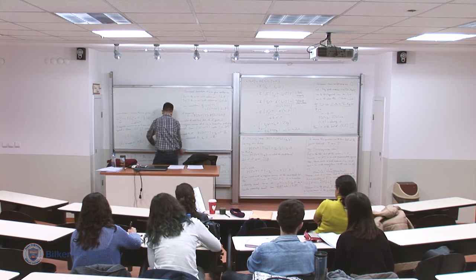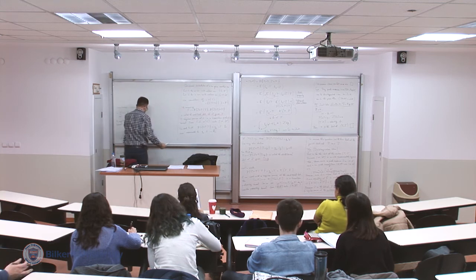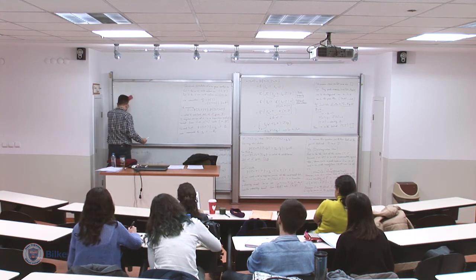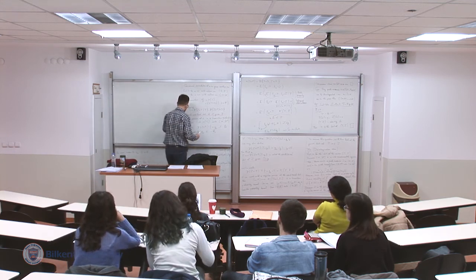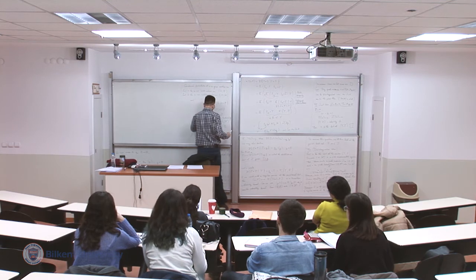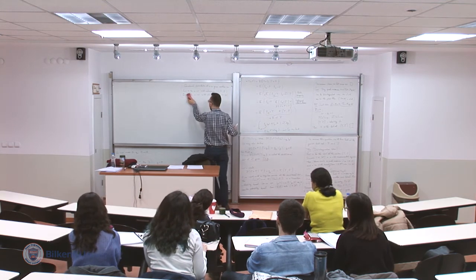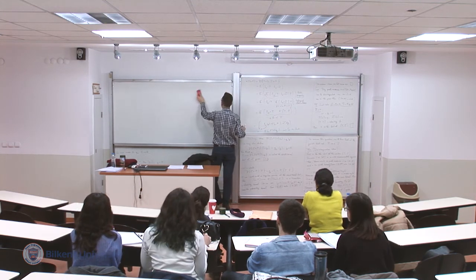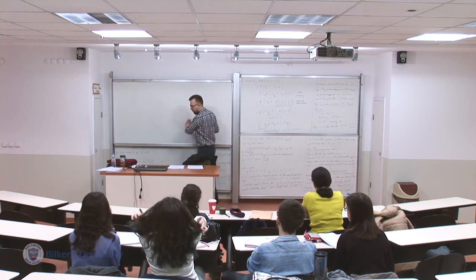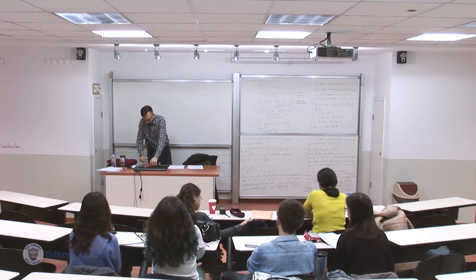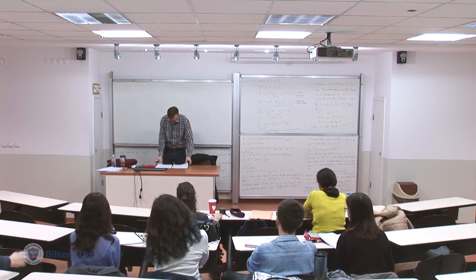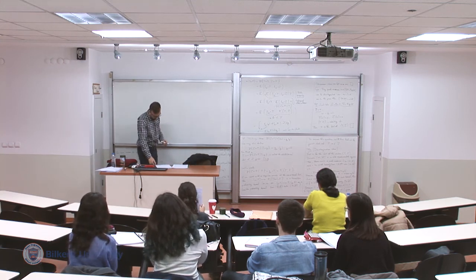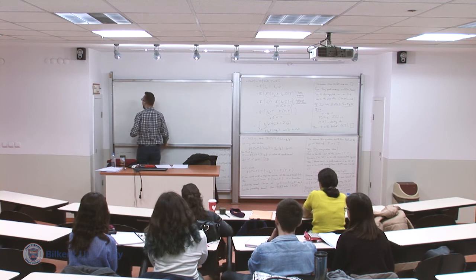So let's say we have a joint distribution and we disintegrate it into two parts. So what are we going to do with that? Okay.